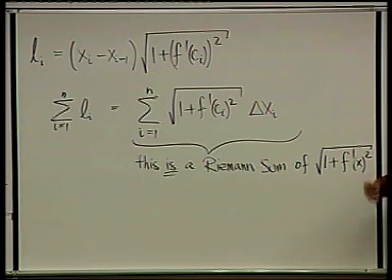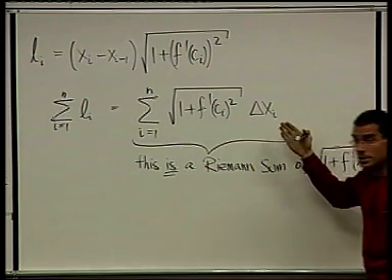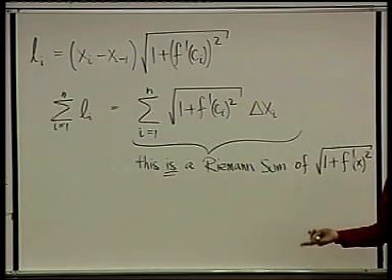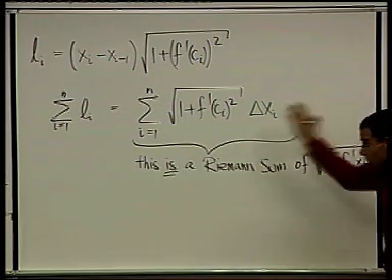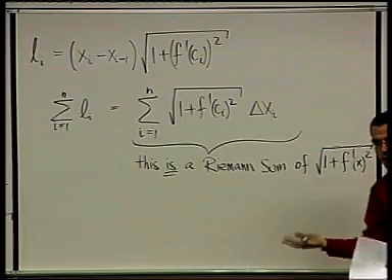And when we refine the partitions, make the norm smaller, take the subintervals to be smaller and smaller, these sums converge to the length of the curve, right? But what do these sums converge to in terms of the mathematical theory?